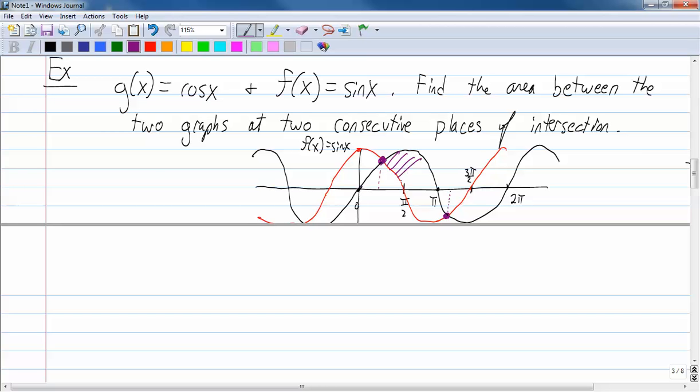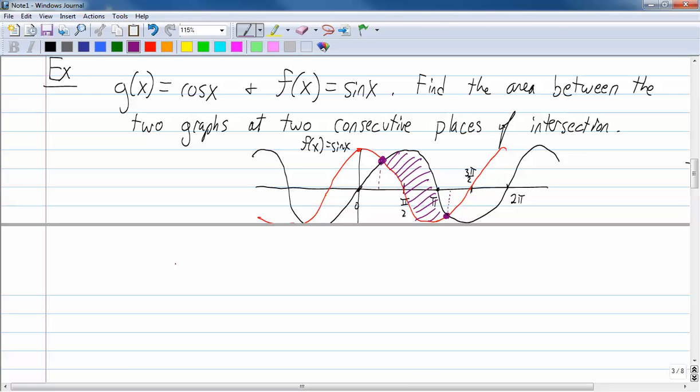But if I want to find this area right here, look at the graphs. Which graph is on top and which graph is on bottom? Well, the top graph is sine. The bottom graph is cosine.